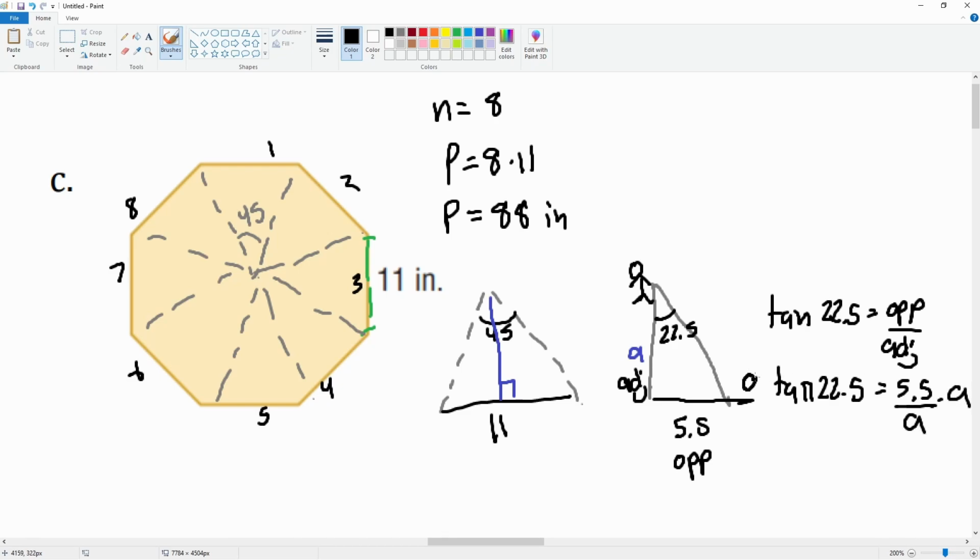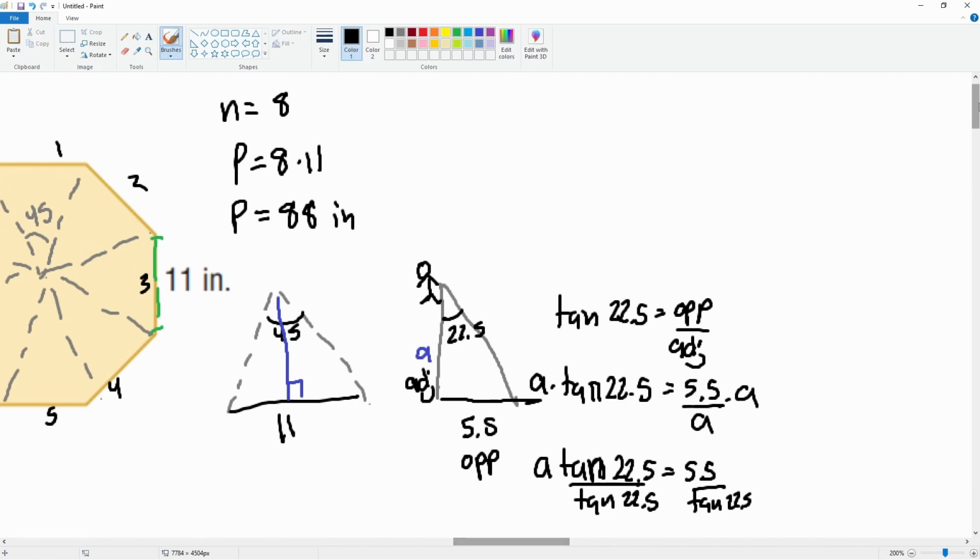Multiplied by the apothem. So the apothem times tan 22.5 is equal to 5.5. Then divide by tan 22.5.